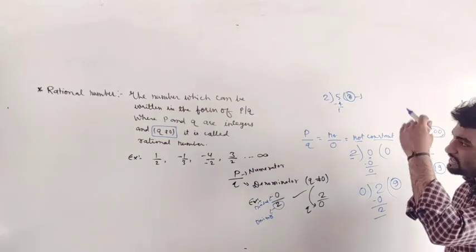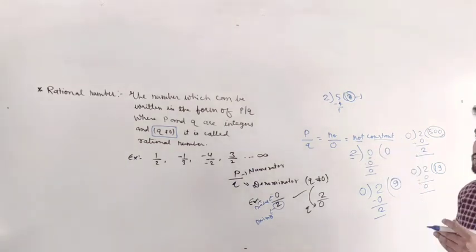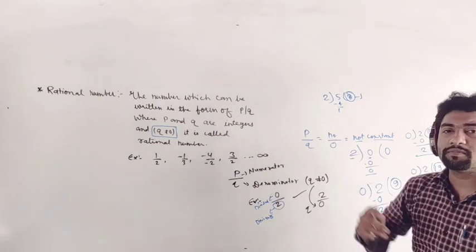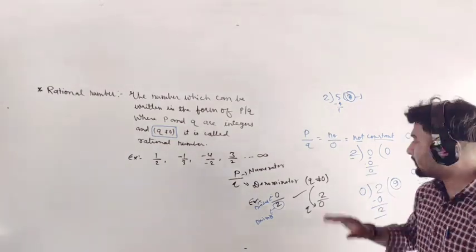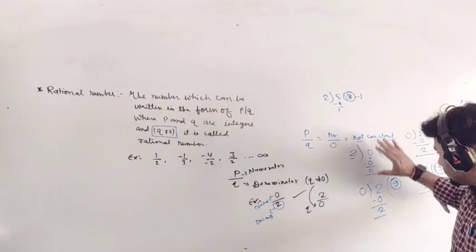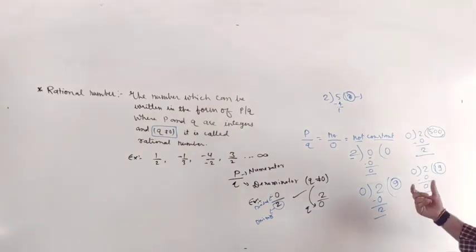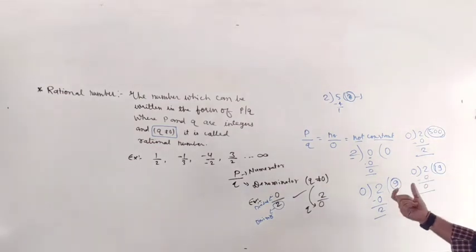But we study the numbers whose numerical value is fixed. But here I am writing this letter, I am writing this number to divide. It's not constant.